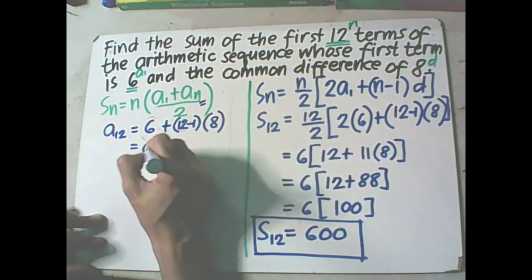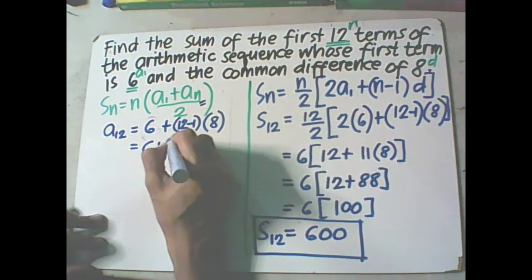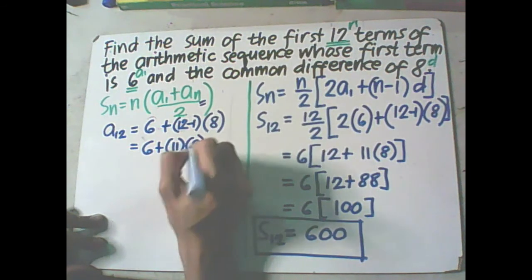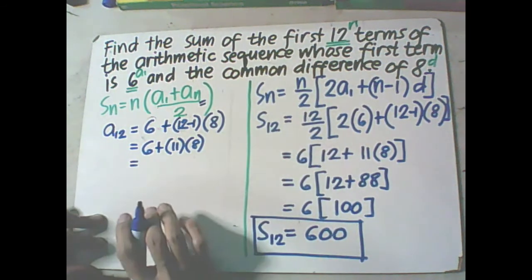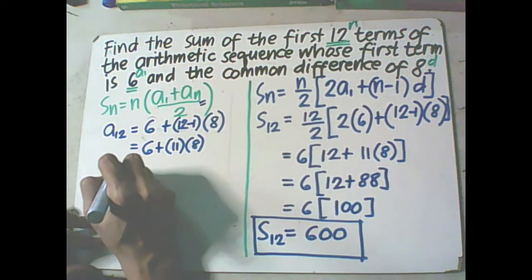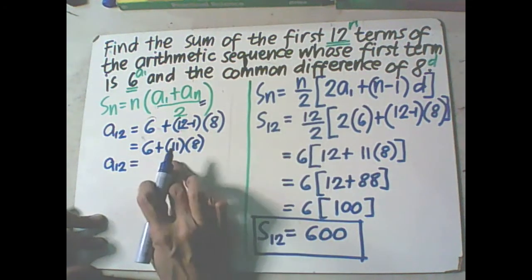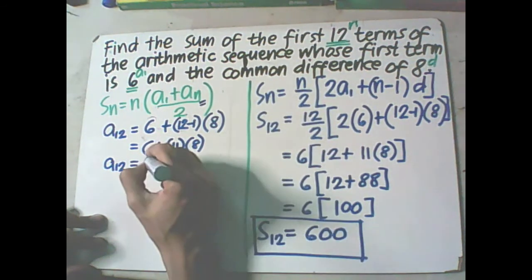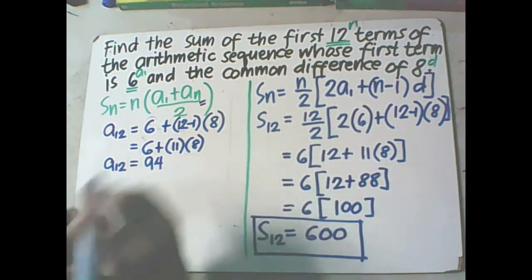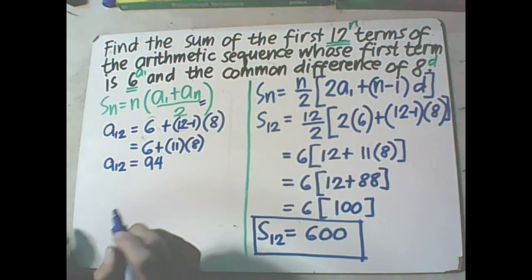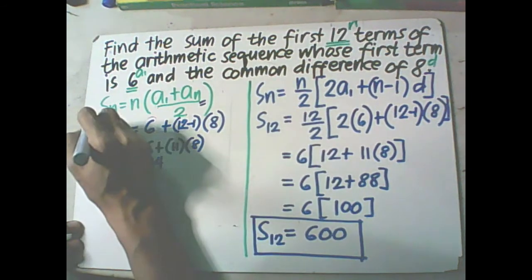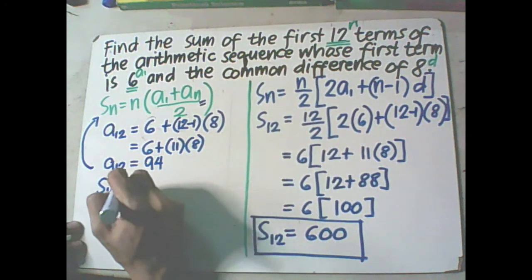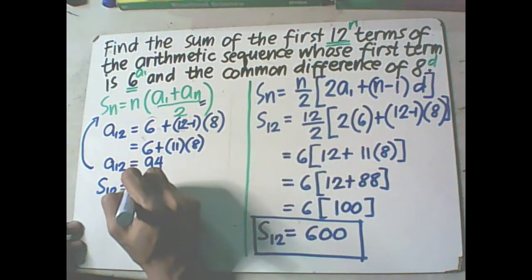So we have now 6 plus 11 times 8, which happens to be our 12th term. 11 times 8 is 88, plus 6 is 94.